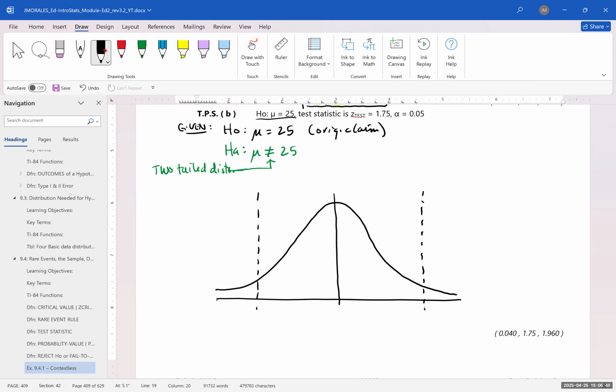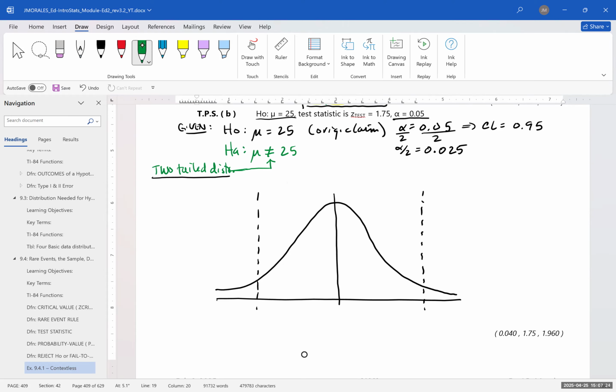Okay, and since we drew this two-tailed, let's look at our other given information. What we're given is that the significance level is equal to 0.05. That means that our confidence level is going to be 0.95. And since our distribution is two-tailed, we're going to have to take this significance level and divide it into two pieces. So the significance level divided by 2, or alpha over 2, is going to be 0.025.